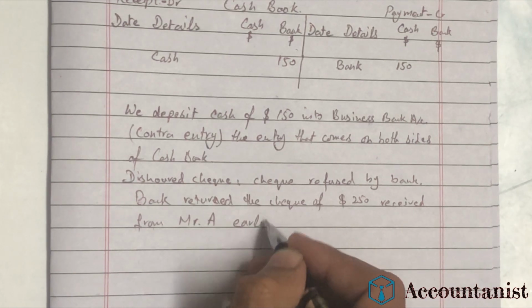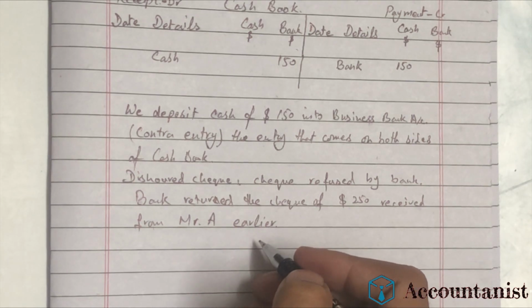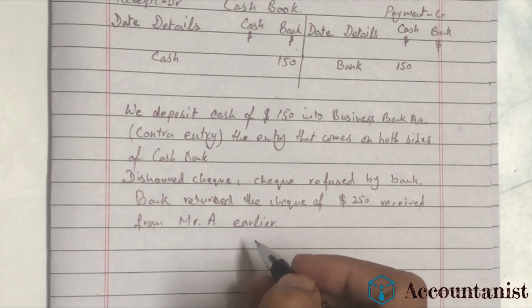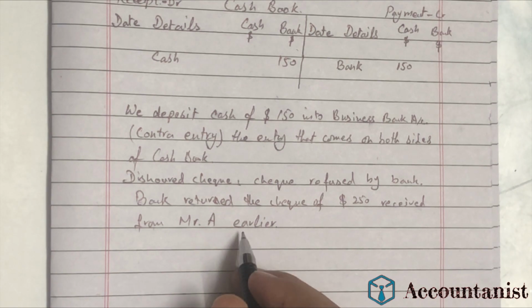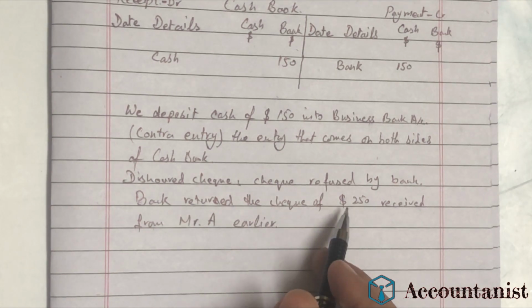So the bank returned the check of $250. There was a check that we received from Mr. A, it's returned by the bank, so it means it's a dishonored check.